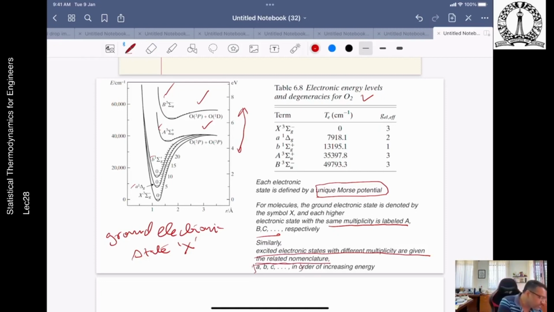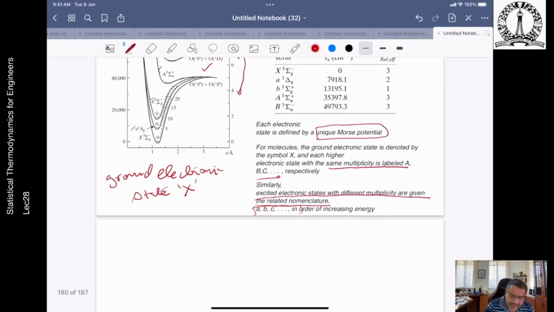Now, if you look at this particular table, which is for oxygen, let's take any one of the figures.